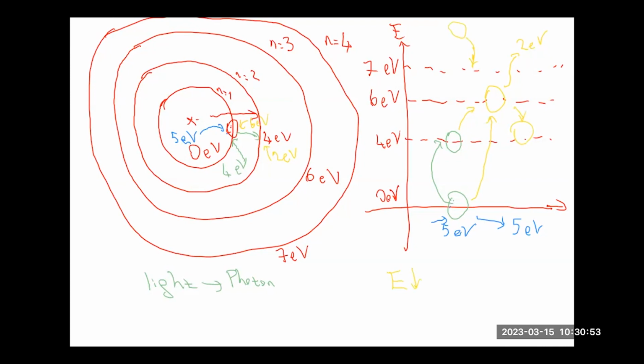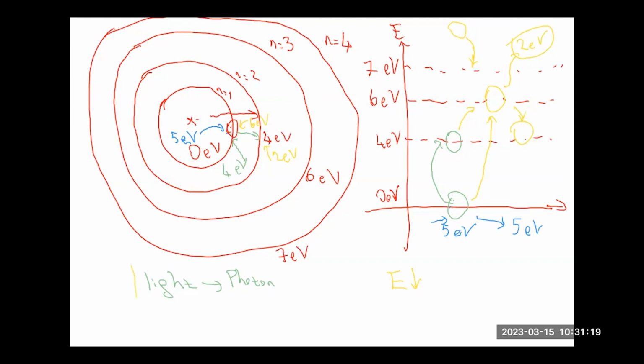May I ask something? Let me first ask a question. How can we release the energy? Hocam, when we lower the energy level, energy will be released. No. How can we lower it? How can an electron release energy?